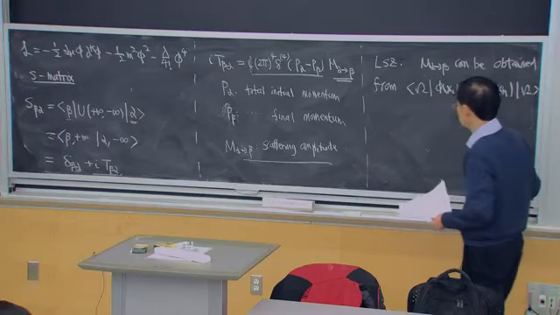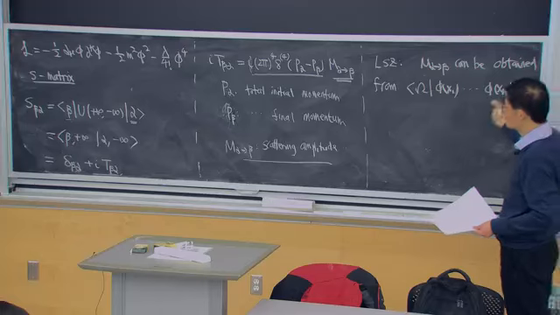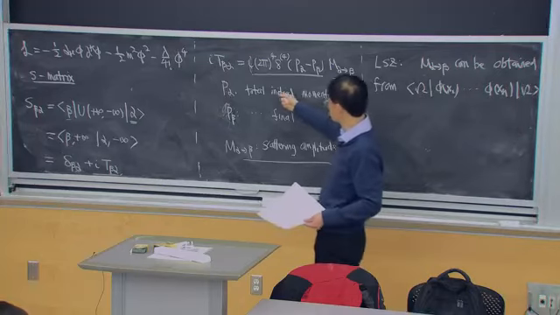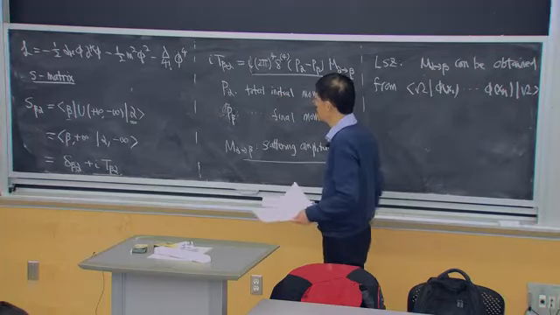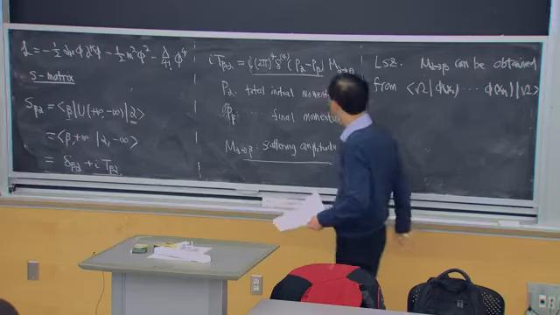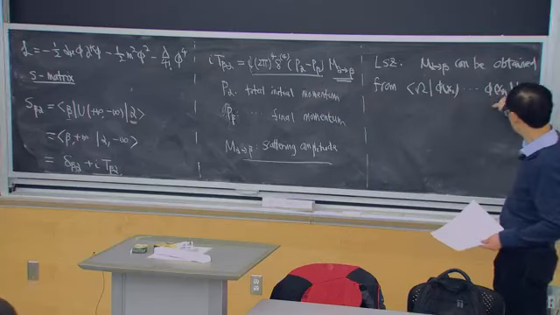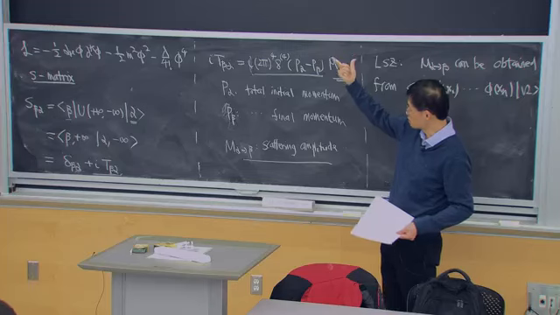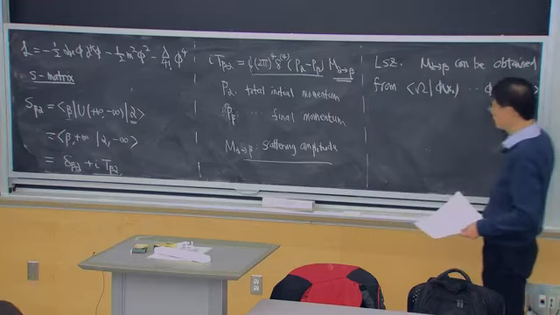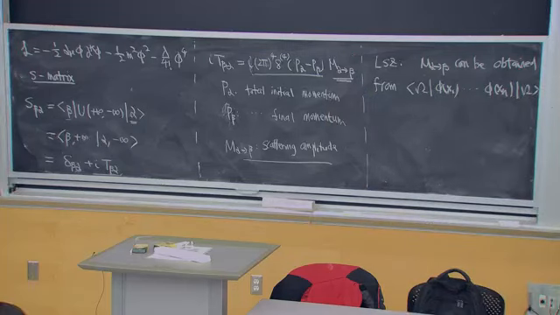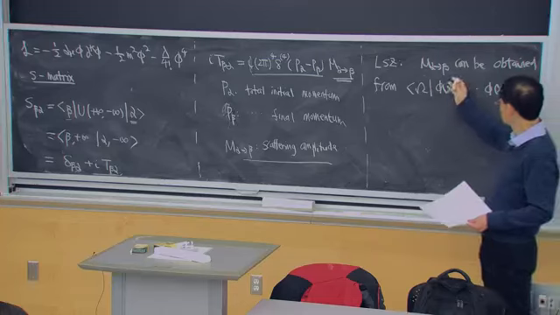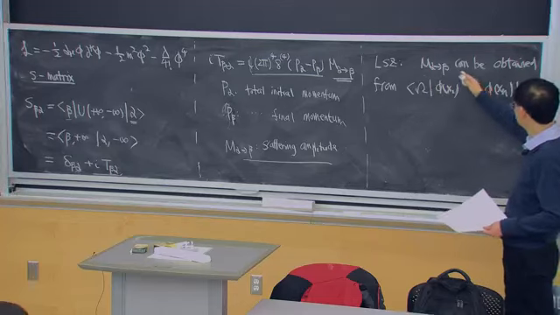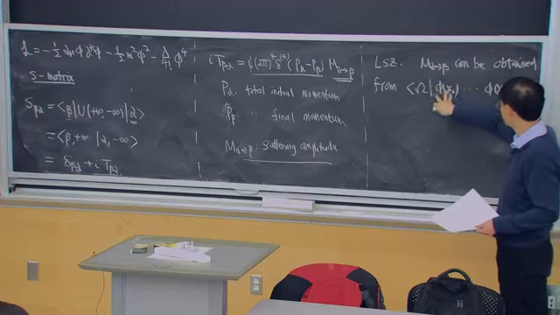The n would correspond to the total number of particles of the initial plus final states. Suppose you have 2 to 2 scattering, then n would be equal to 4. If you start from 2 particles and scatter into 3 particles, then n will be 5. This is the total number. Later we will discuss in more detail how you obtain M alpha beta from here.